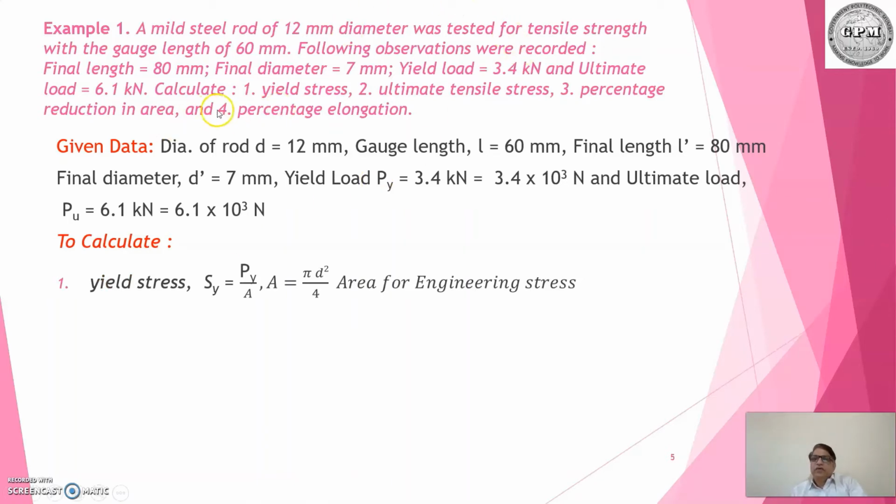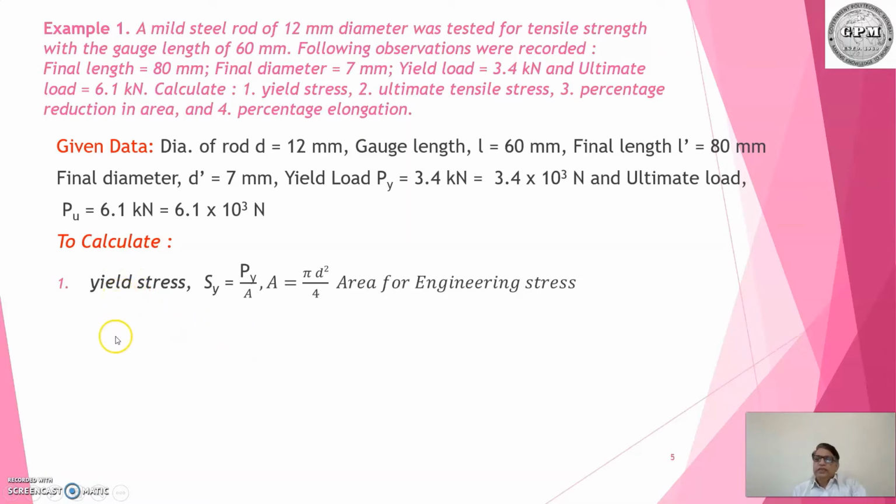He has asked for yield stress, ultimate tensile stress, percentage of reduction, percentage of elongation. Yield stress is force divided by the area. So for that you must know the force and area. The area we can find out with the diameter D. Like this you will immediately come to know what the dimensions are. If they are not available, then we have to make certain assumptions.